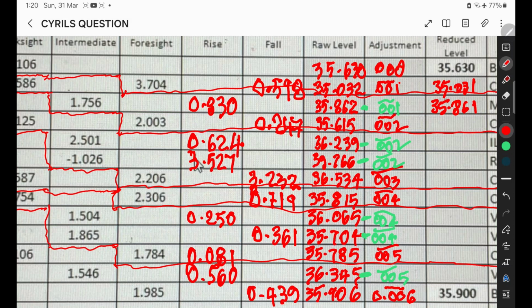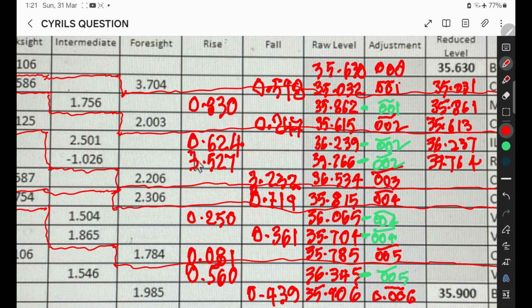This one will be 35.613. 36.237. 39.764.